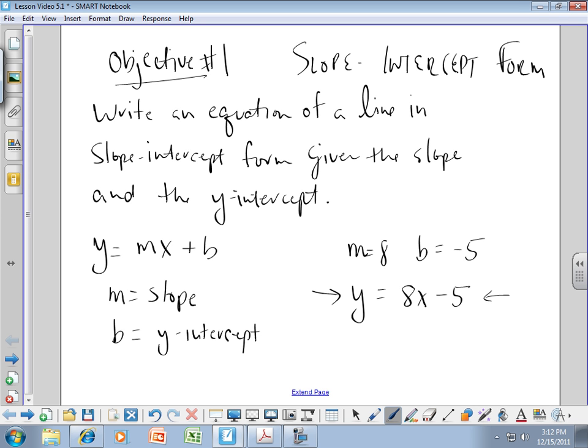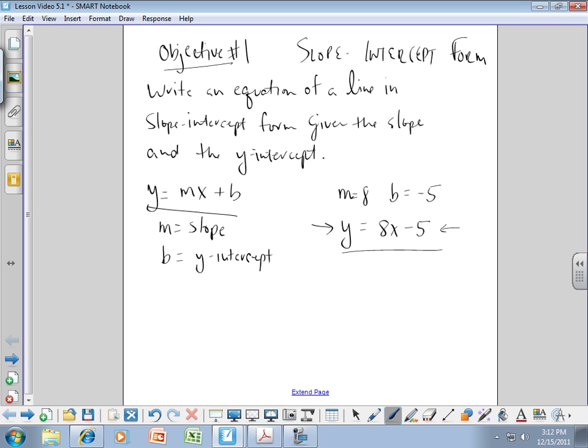If you're given the slope, m, and you're given the y-intercept, b, you simply plug them into the equation and come up with a new equation. All right? Plug them into the form and come up with an equation. So if you're given m and b, you write yourself an equation. What if I told you that m is -5/2 and b equals 9?